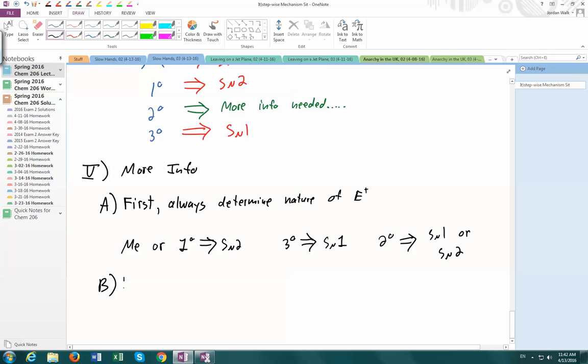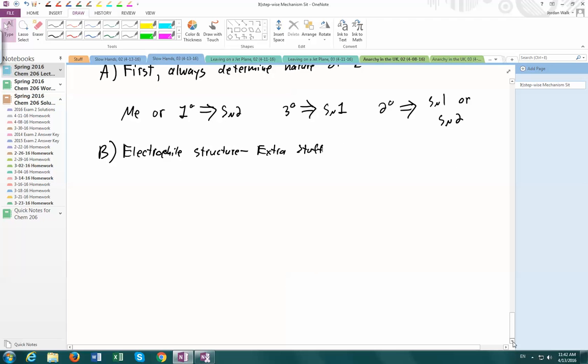So the next thing we'll do, we'll title B, electrophile structure. And we'll call this extra stuff. There's extra stuff that we consider about the structure of the electrophile, which can lead us down one pathway or another. All right, so I've been saying if it's a primary substrate, we're always going to go SN2. That's not totally the case.